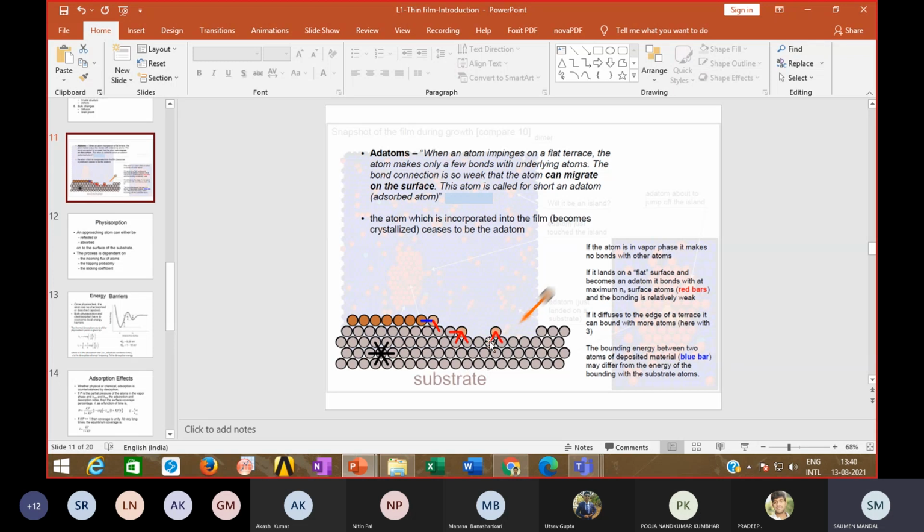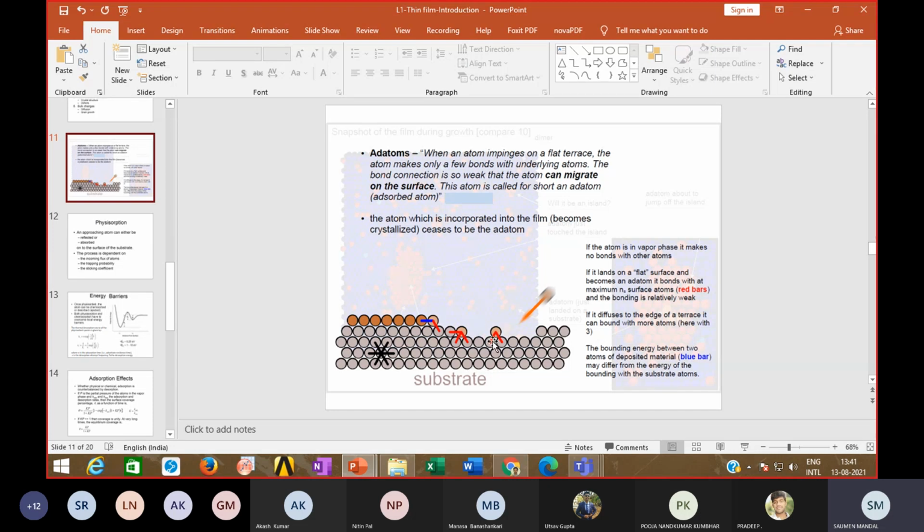And now the question is why it's jumping. Because it has kinetic energy. The substrate atom will try to make a permanent bond with it, but this atom, due to its kinetic energy, will move. Whatever immediate bond the top deposited atom has, it will break, and it will move to the next because of its kinetic energy.